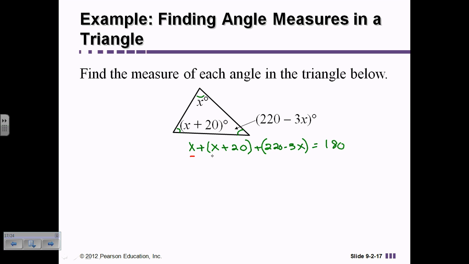I'm going to combine like terms now, so I'm going to combine x plus x minus 3x, and I'm going to get negative 1x. I'm going to combine 20 and 220 together and get 240. And all of that is equal to 180. I'm going to keep solving. I'm going to subtract the 240 from both sides.